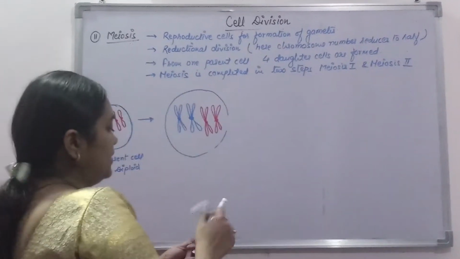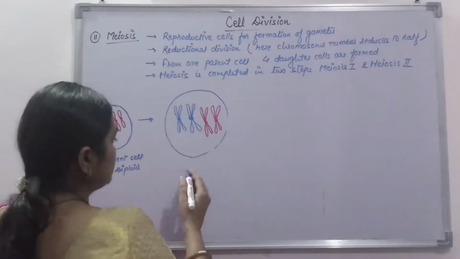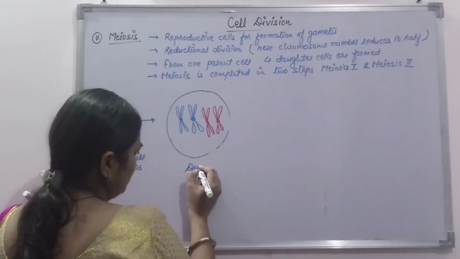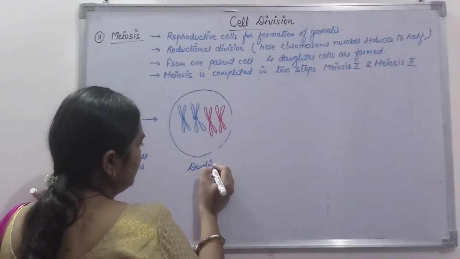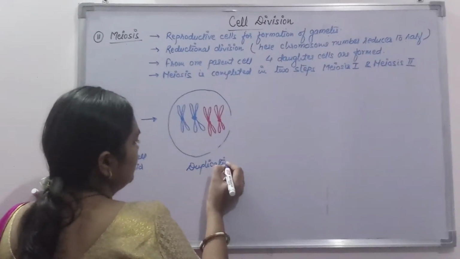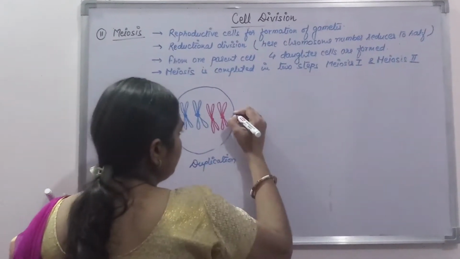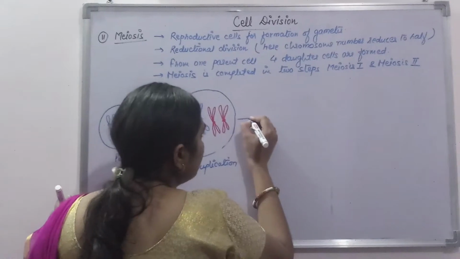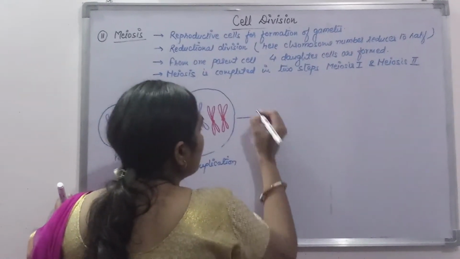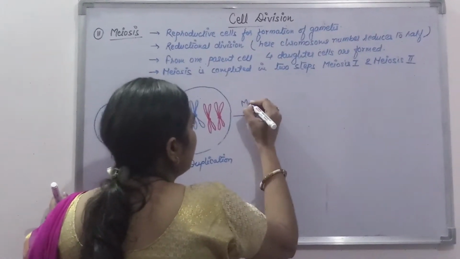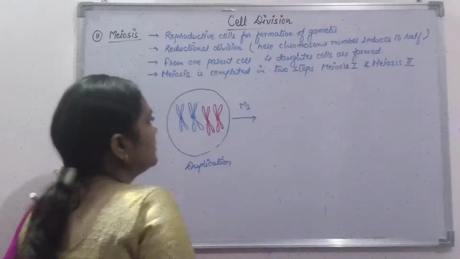Here what happened? Here the duplication of chromosomes, or replication of DNA, happened. Now, after duplication, meiosis first will take place. I am writing meiosis first as M1.